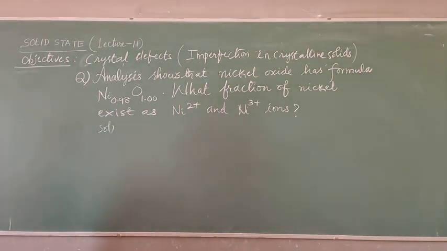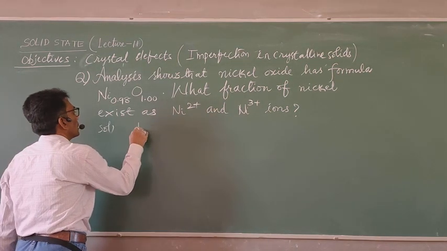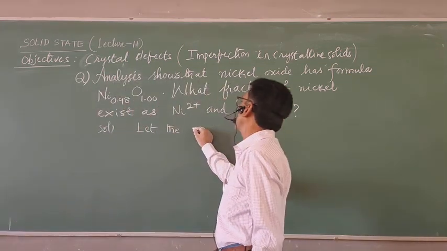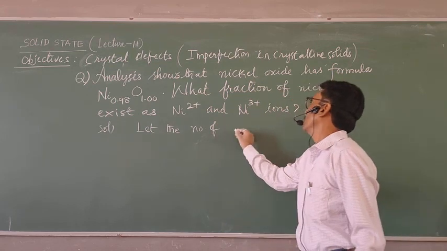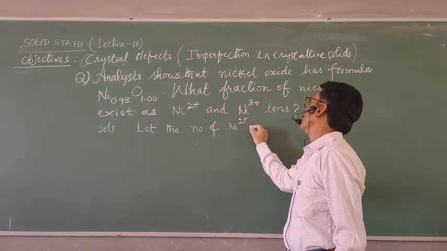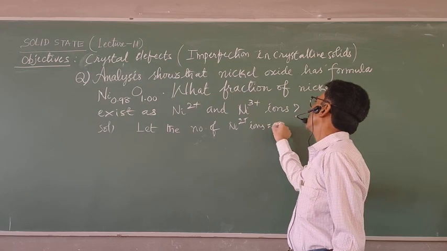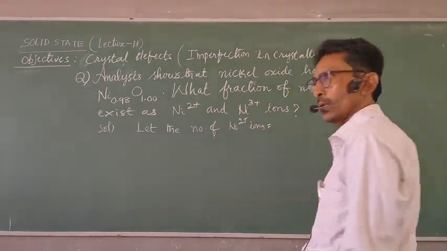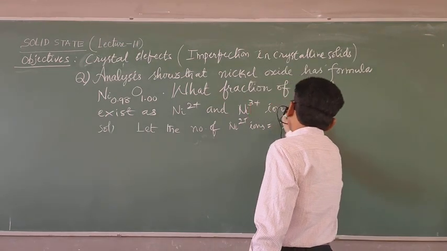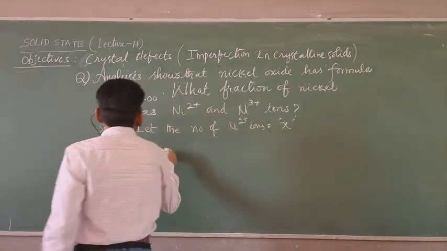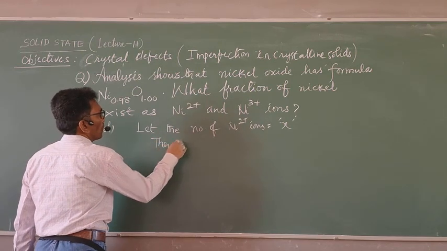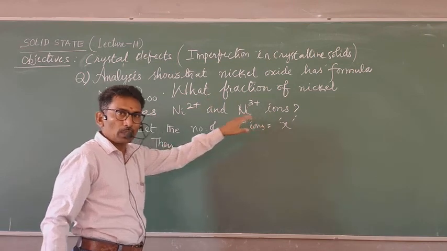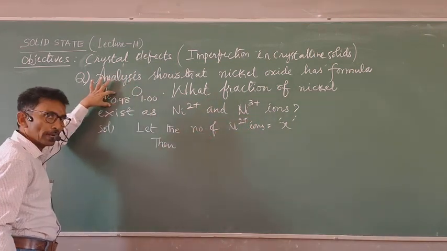Observe. Let the number of Ni2+ ions be X. You can also take Ni3+, either Ni3+ or Ni2+. How many? We don't know. Let it be X. Then as here nickel exists as nickel 2+ and nickel 3+, both are collectively 0.98.